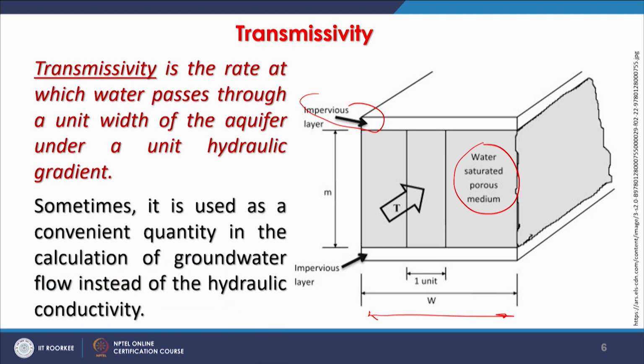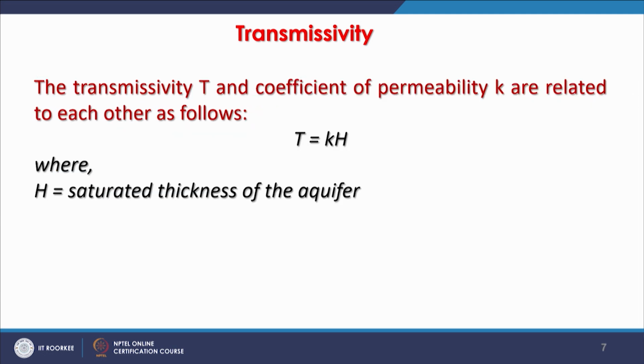Sometimes it is used as a convenient quantity in the calculation of groundwater flow instead of hydraulic conductivity. So we started with porosity, then permeability, and then hydraulic conductivity. Now we are moving towards transmissivity. We also use this word, and this is how it can be defined.